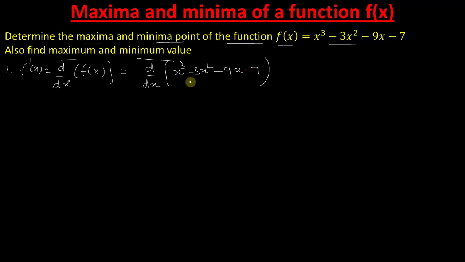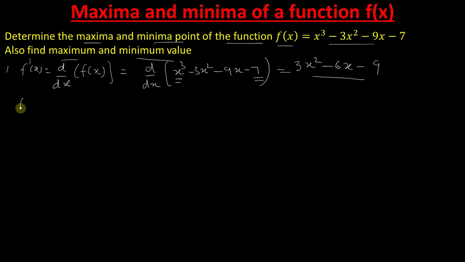I have already discussed the various rules to find a derivative, so I will quickly do it. The derivative of x cube is 3x square, the derivative of 3x square is 6x, minus 9 for the derivative of 9x, and the derivative of a constant is 0. So f dash x comes out to be 3x square minus 6x minus 9.